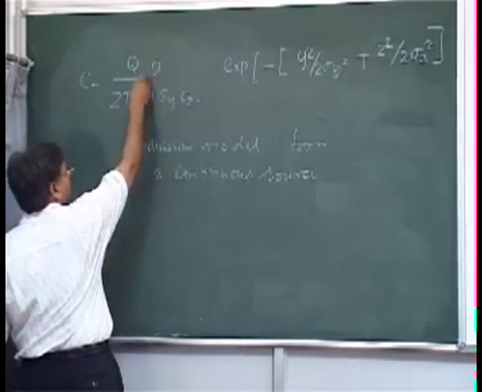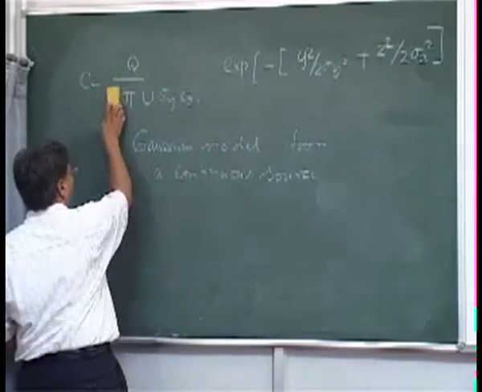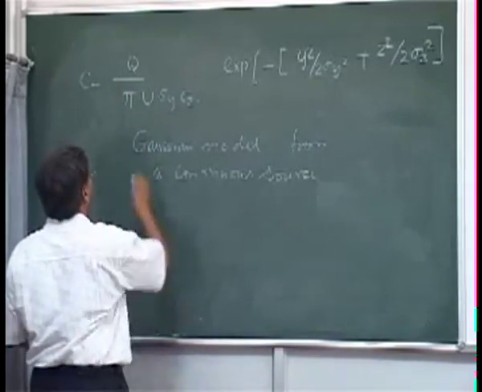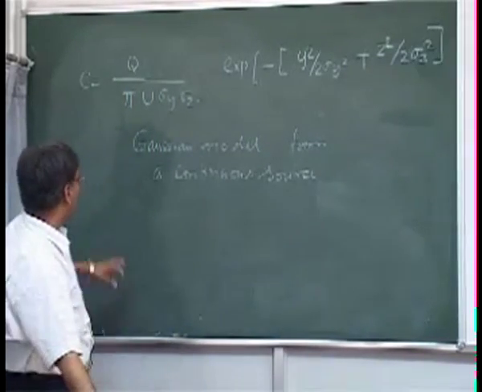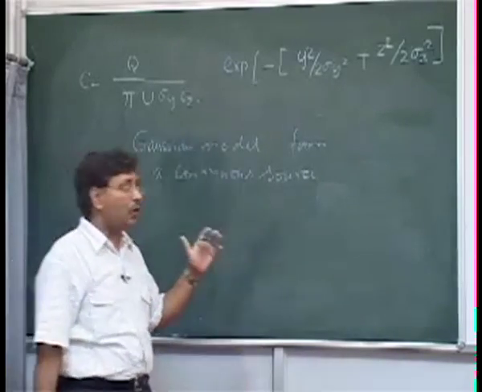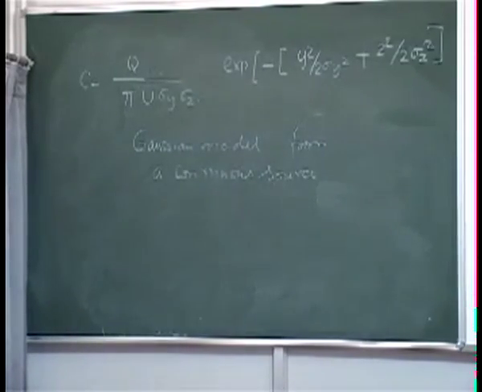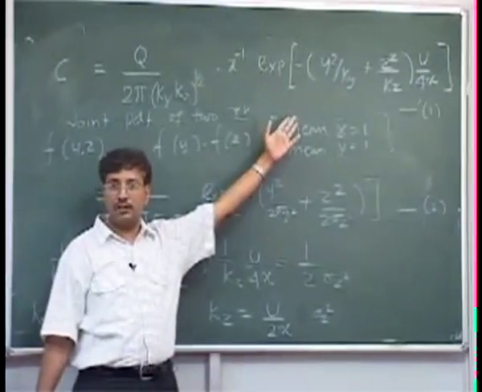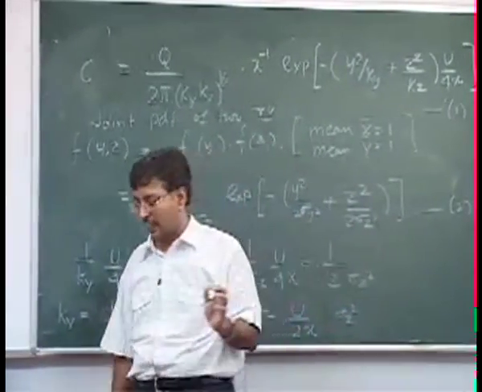So this 2 will cancel, so let's take this one out. This is a Gaussian model for continuous. Why we call it Gaussian? Because our expression that it came out to be was in the Gaussian form. See here, this is equivalent to the Gaussian distribution.